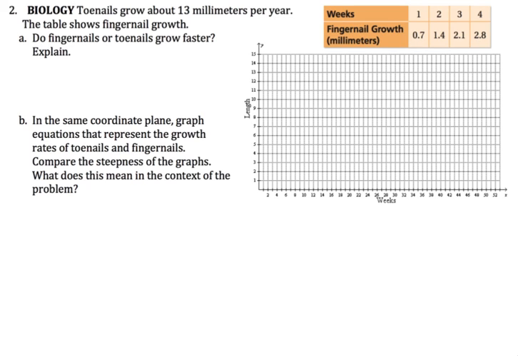Number 2, toenails are growing at 13 centimeters per year. You need to compare those to fingernails. Fingernails information is in the table. Notice that it's done by weeks. So you're probably going to want to change year to 52 weeks because there's 52 weeks in a year so that you can get the slopes and make the comparison.